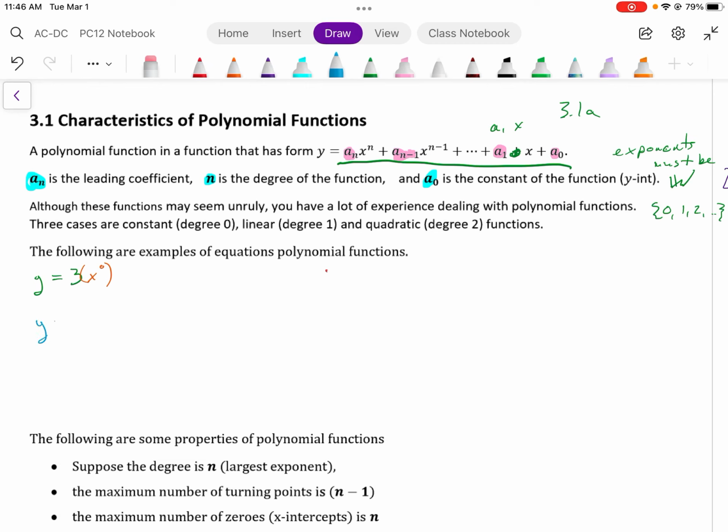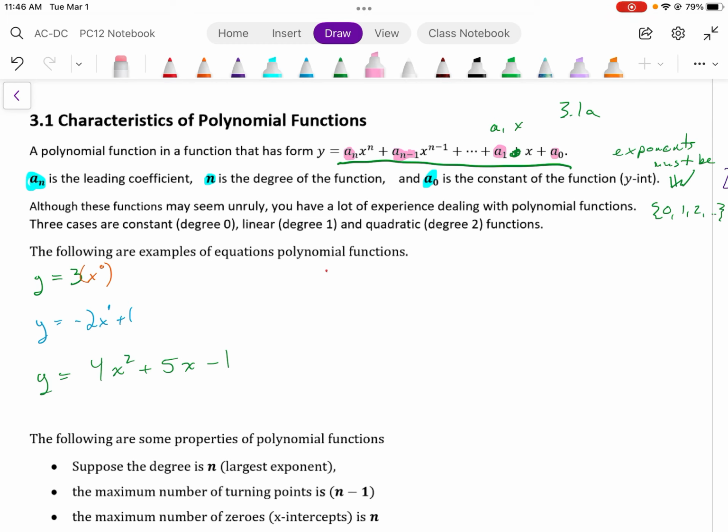The next one we can take, if we're going to build this up, y is equal to negative 2x plus 1. This is another polynomial function, and it's a linear function, and it's degree 1 because the highest exponent is 1. So on, so forth, and you're likely able to predict that the next, if we're working up in order of complexity, we would have a degree 2 function, and this is better known as a quadratic.